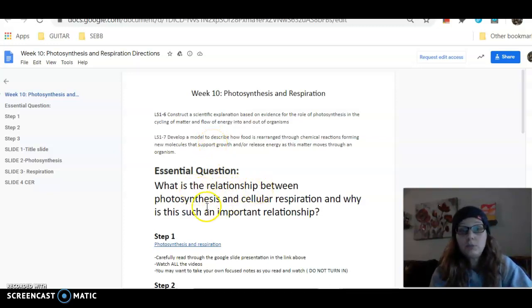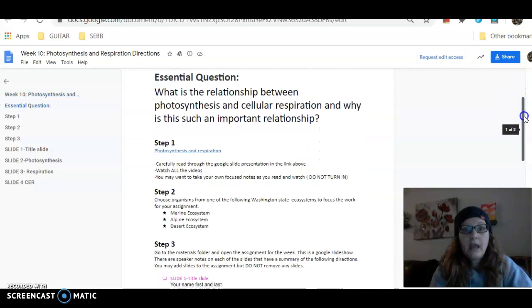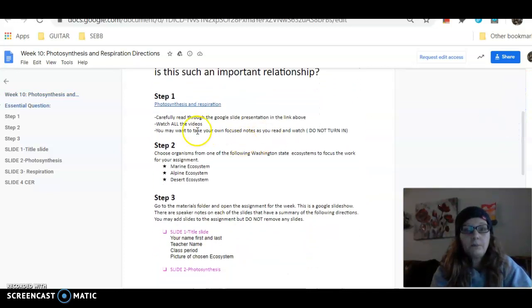What is the relationship between photosynthesis and cellular respiration, and why is this such an important relationship? Step 1 is going to tell you, go ahead, please watch that PowerPoint or go through that PowerPoint, all right? And again, you may want to take notes, all right?